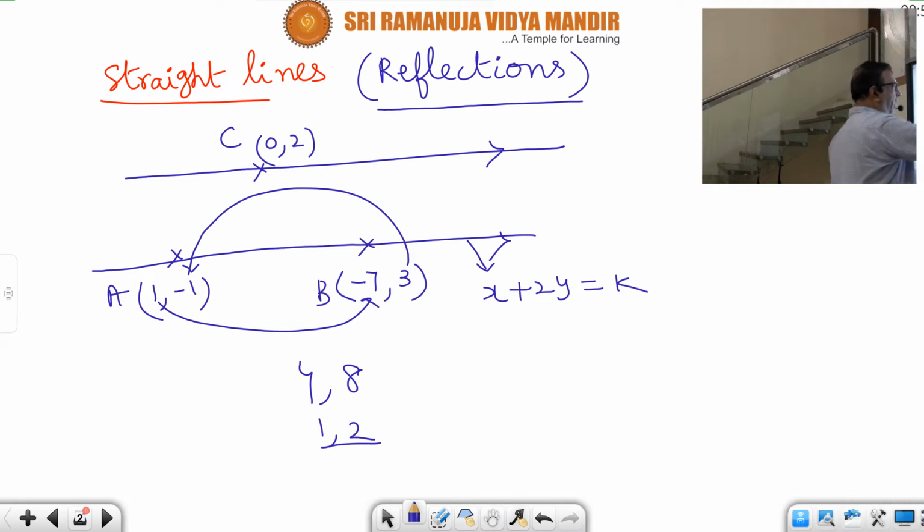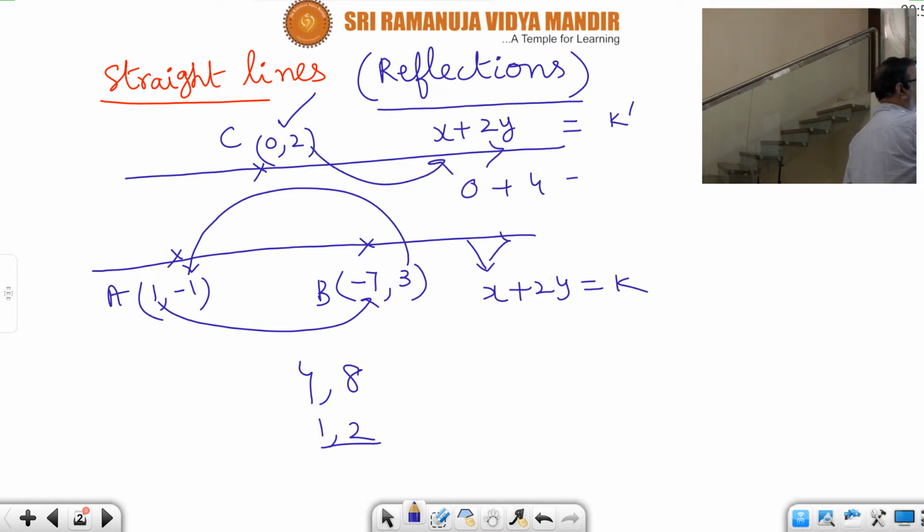Because this is just a parallel line, here also the line will start with x plus 2y, only the constant will be different. Constant is equal to k dash. How do you find k dash? By substituting which point? 0, 2. If you substitute 0, 2, you will get 0 plus 4 is equal to k dash. So k dash is equal to 4.